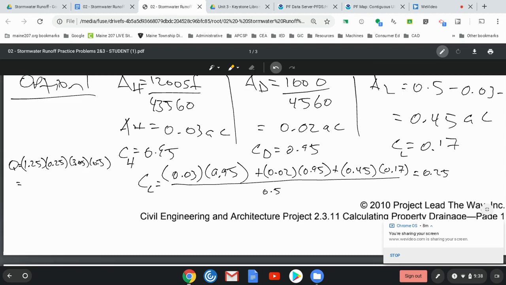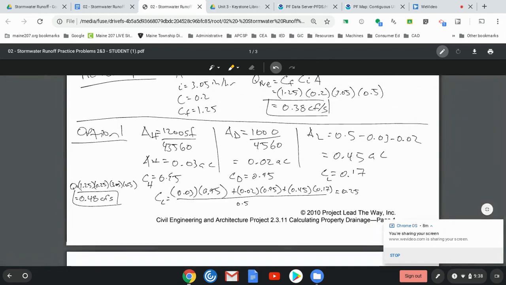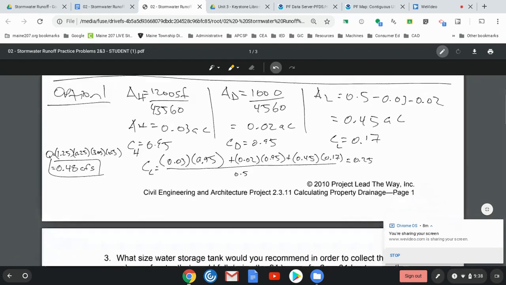So 1.25 times 0.25 times 3.05 times 0.5. And we've increased our runoff to 0.48, rounded up, cubic feet per second. All right, so it was 0.38, now it's 0.48, so a tenth of a cubic foot per second increase.